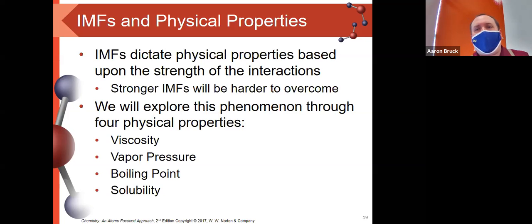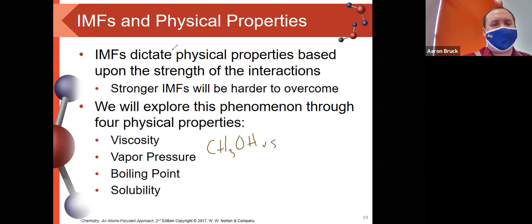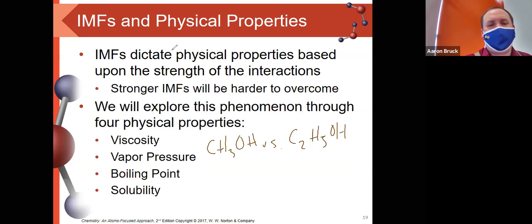So if I'm looking at methanol versus ethanol, CH3OH versus C2H5OH, both of these exhibit hydrogen bonding. Both of these exhibit dipole-dipole forces. You would look at both of them and say, okay, they're both going to have pretty considerably high boiling points.